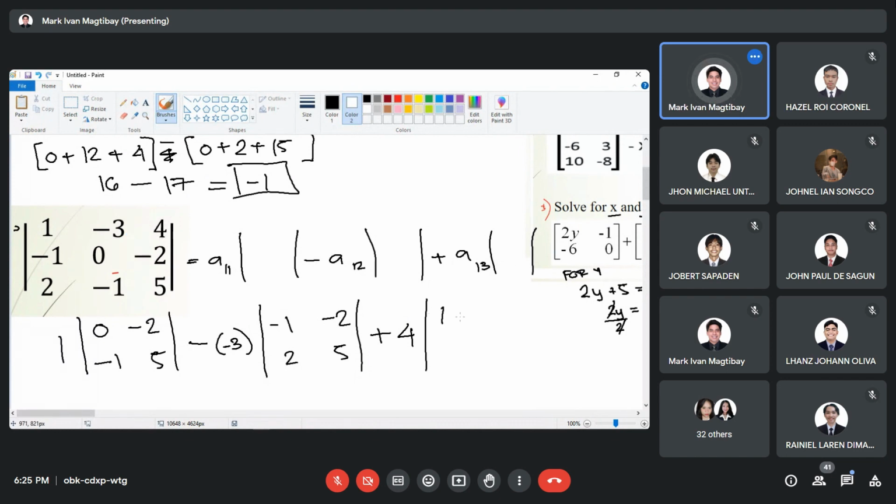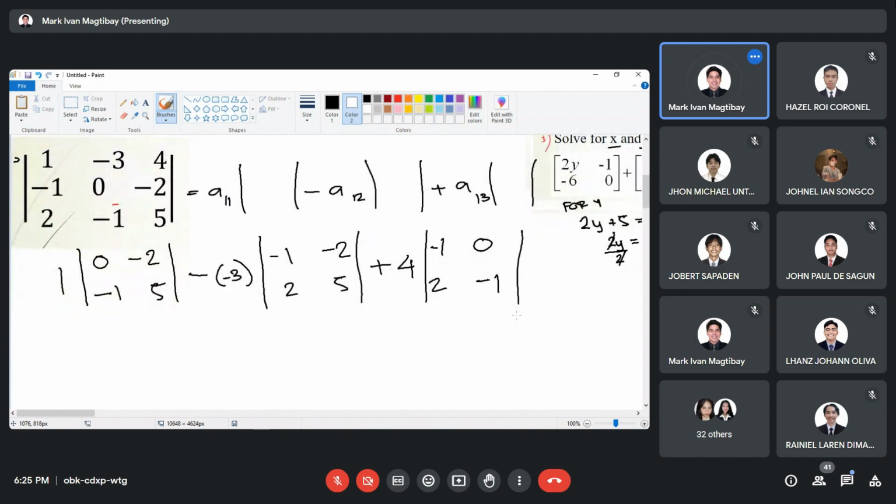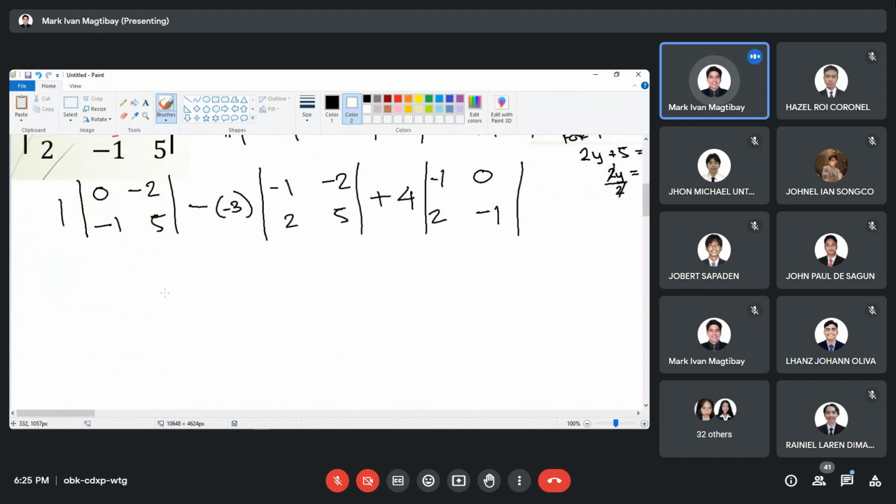So, 1, ay -1, sorry. 0, 2, -1. Okay. So, ano pong gagawin namin, sir, dito? So, ang gagawin niyo po is to get the determinant of each and every 2 by 2 matrix natin, and then kung ano pong makukuha natin determinant diyan in each and every matrix po na 2 by 2 natin, i-multiply po natin siya sa corresponding multiplier po natin. Okay?